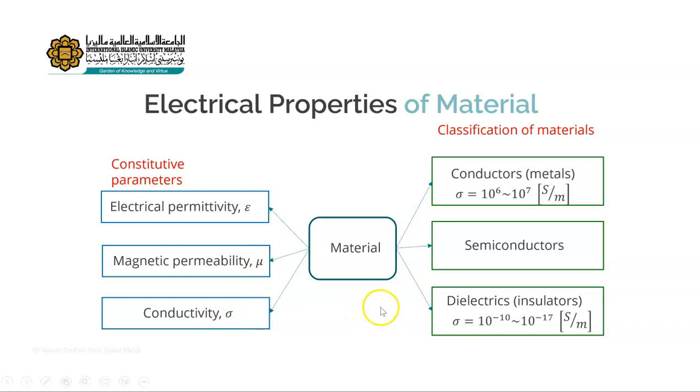These materials can be divided into three. The first one is conductors. Usually it is metals. Metals are very good conductors.